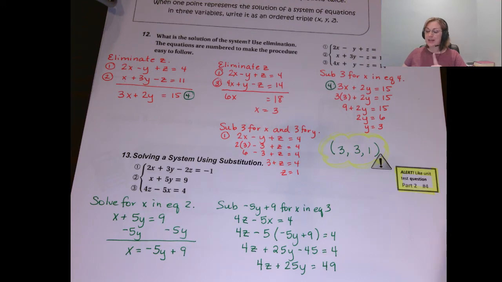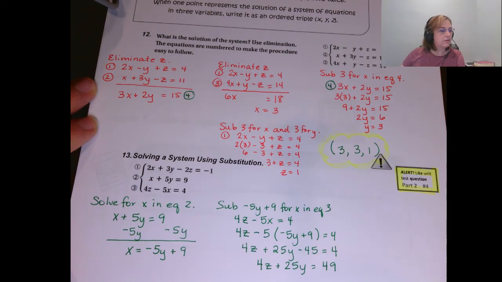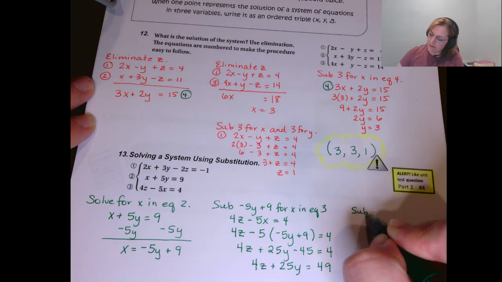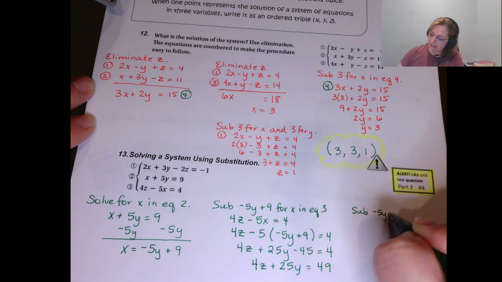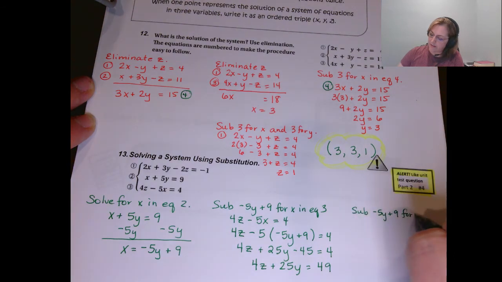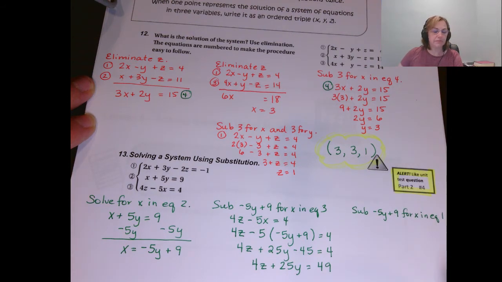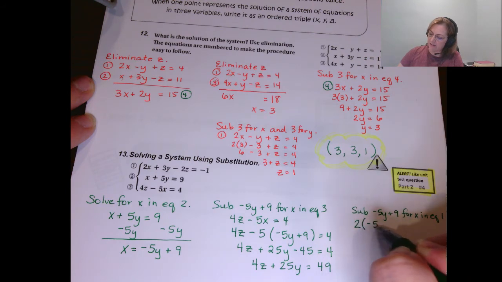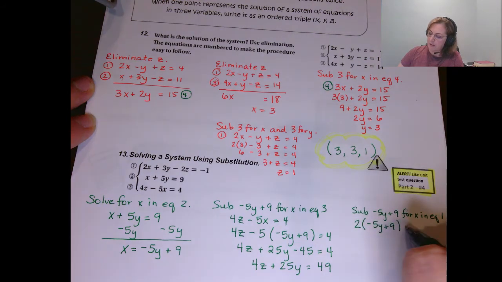We can do the same thing into equation 1. So let's substitute negative 5y plus 9 for x in equation 1. So I've got 2 times negative 5y plus 9 plus 3y minus 2z equals negative 1.